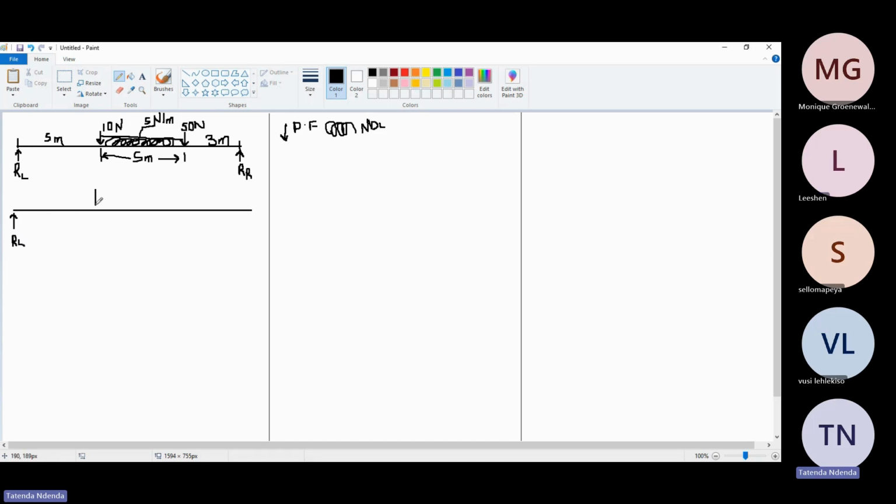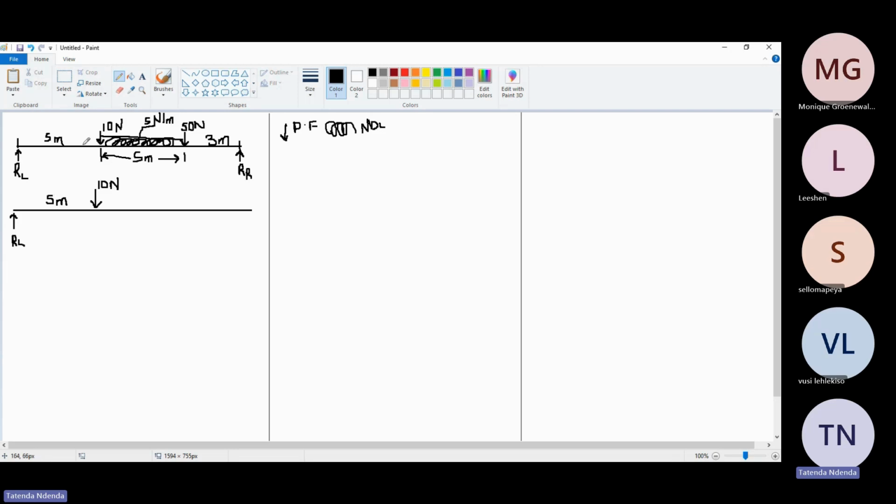Then we are saying this is going to be 10 newtons. This is going to be our 5 meters. So now we are saying, guys, per every meter that we move here, we're having 5 and what? And 5. So 5 times 5, we get what? 25, isn't it?